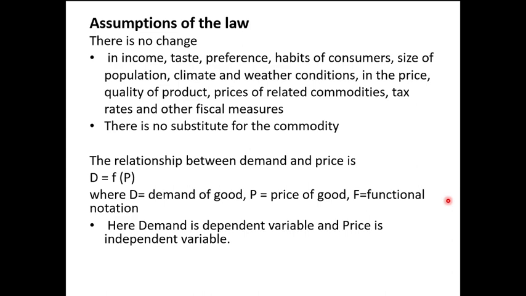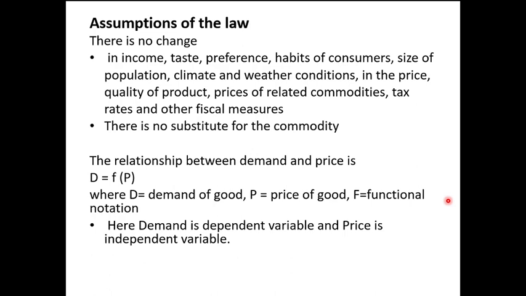So we have said in the law, other things remaining the same, or ceteris paribus. We must consider other factors as constant. So which other factors have we considered constant?